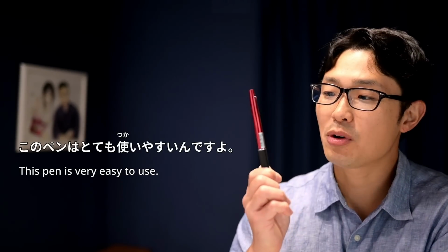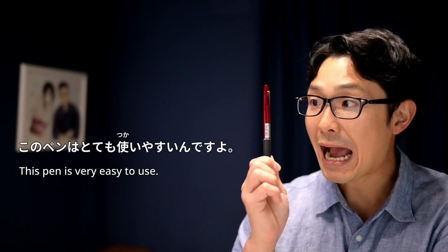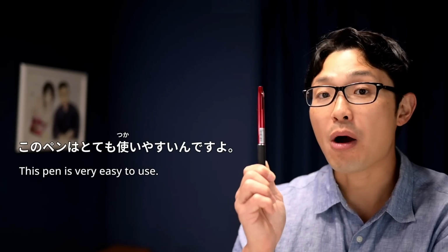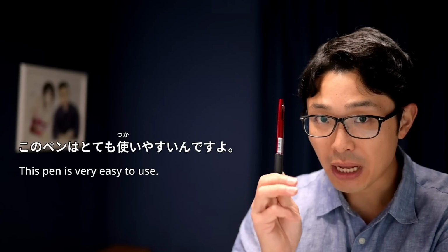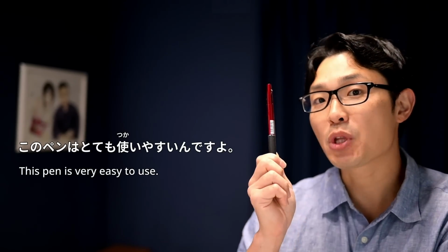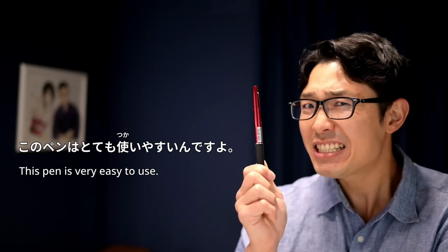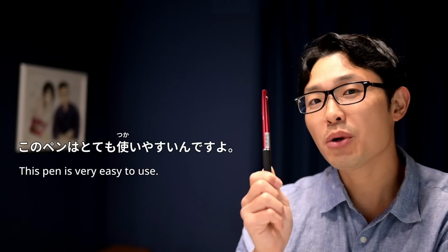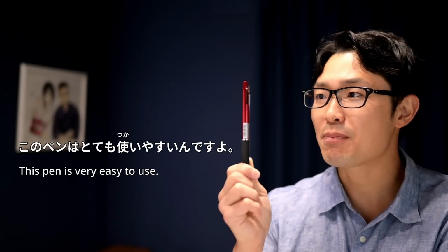So getting back to this pen, I say, このペンはとても使いやすいんですよ。I mentioned this pen using は already once. So even if I keep talking, unless I change the topic, you assume that I'm talking about this pen.